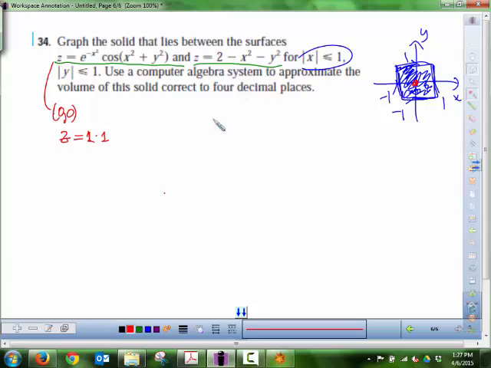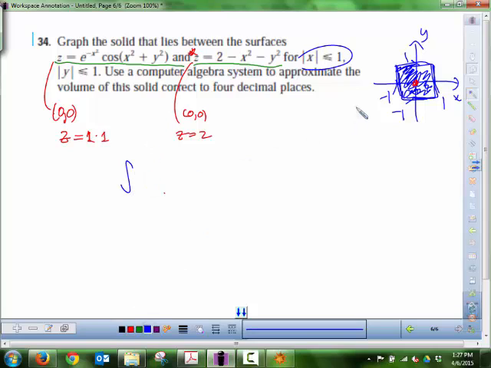If I put 0 in for the second one, I'm going to get 2 minus 0, so just 2. So it looks like this is going to be the larger of the two surfaces. So in my integral, I will make sure that that goes first. Okay? So let's set up the integral.